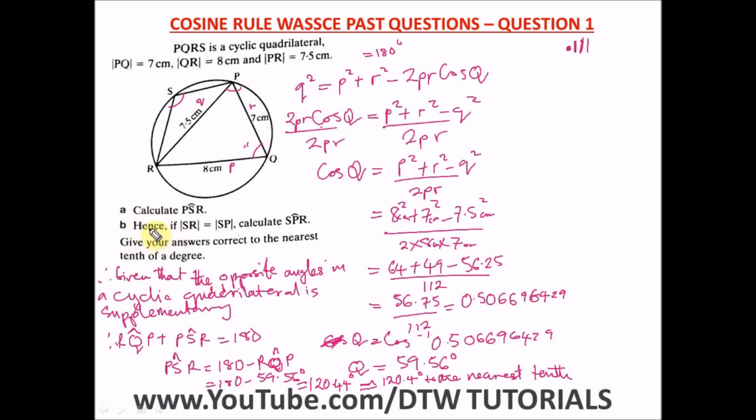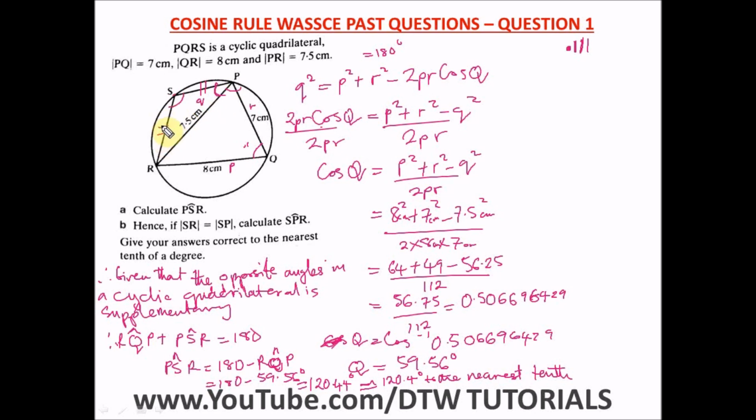So our question B says, hence if SR is equal to SP, this sign means if this side is equal to SP, calculate SPR. We have to find this angle SPR.